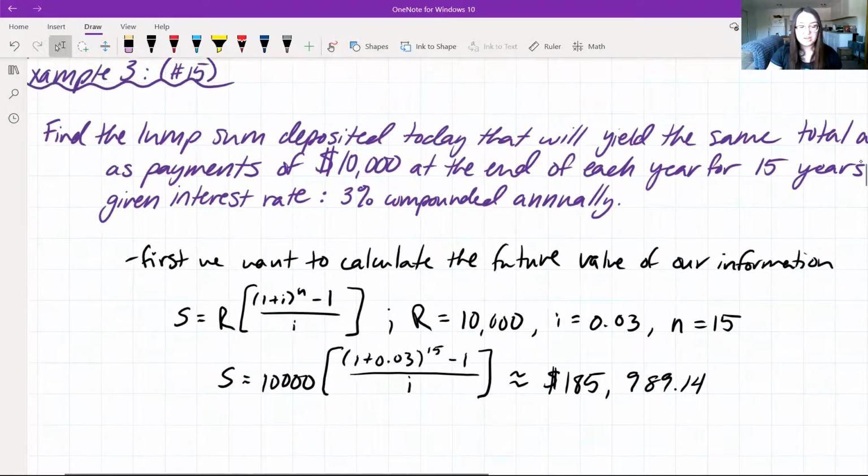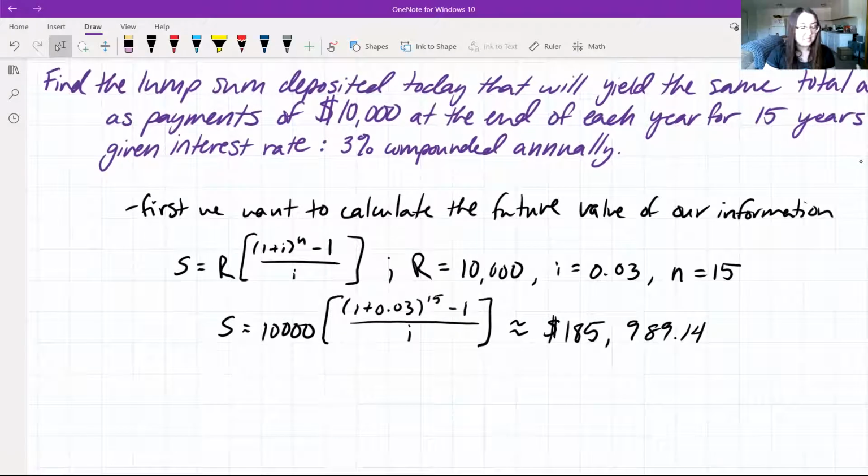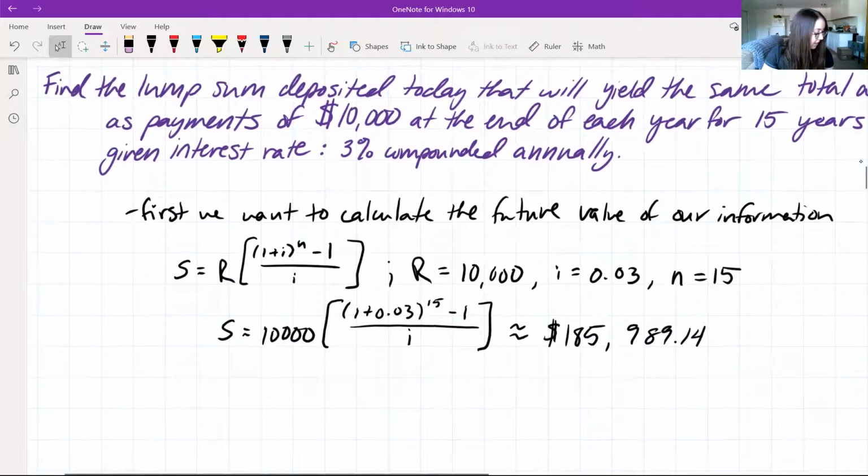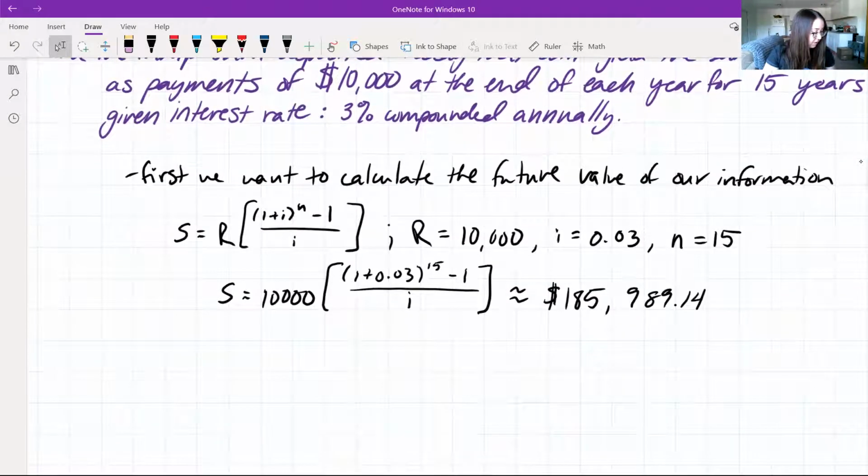So now we need to find a lump sum that's deposited today that's going to be equal to this contribution. And we need to contribute an amount that's equal to this present value. So we need to use all the same information and calculate our present value.